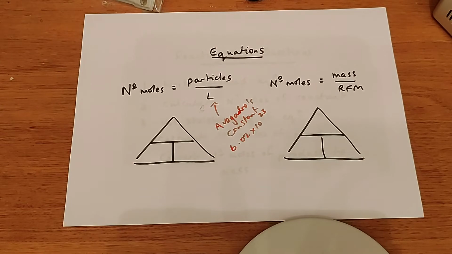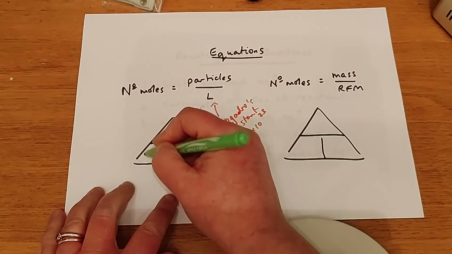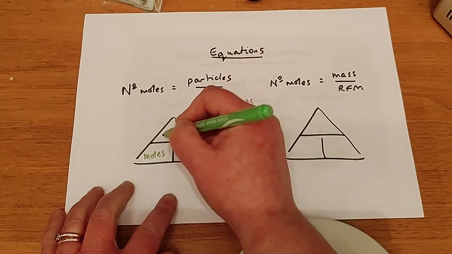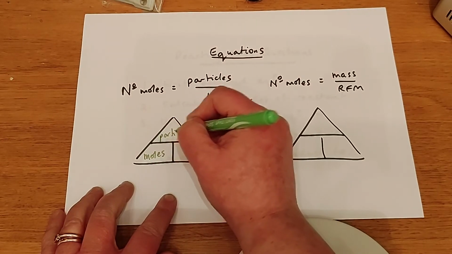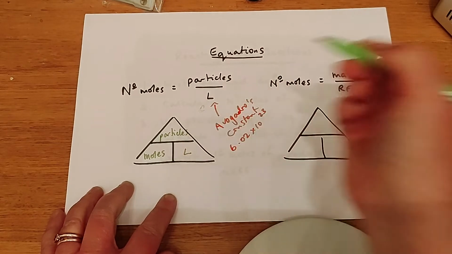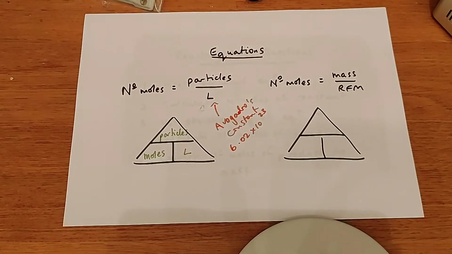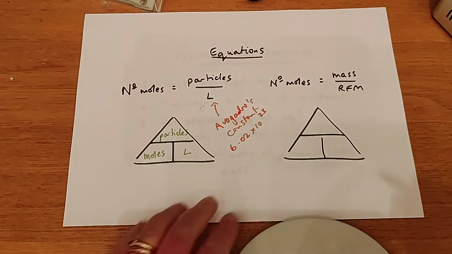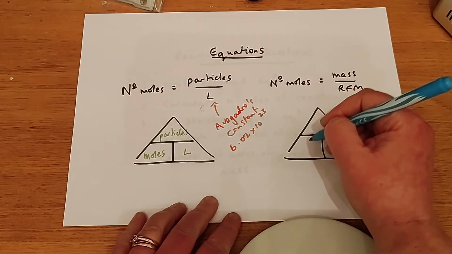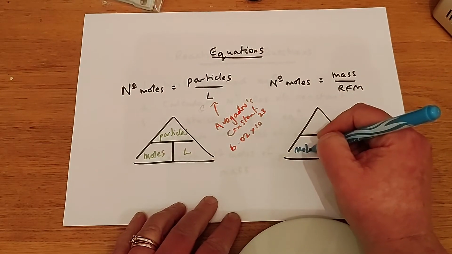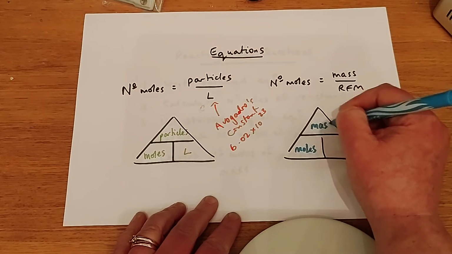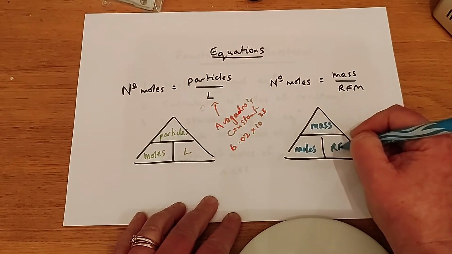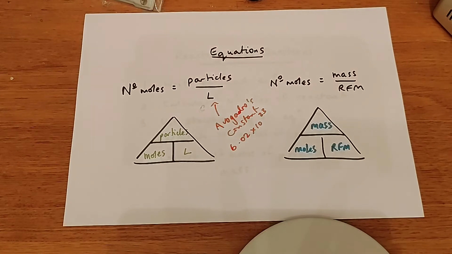Now, I know some of you like the triangles, and if we were to use a triangle for this, it would be moles, particles, and then L. And in the other one that you know and love, number of moles is mass divided by the formula mass. So our triangle for that would be the moles here, and mass, and then formula mass.